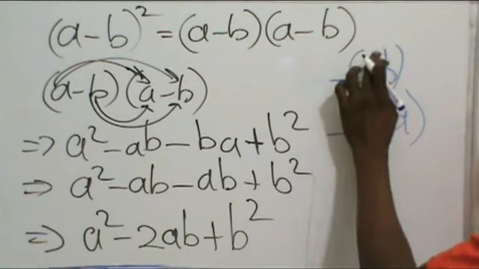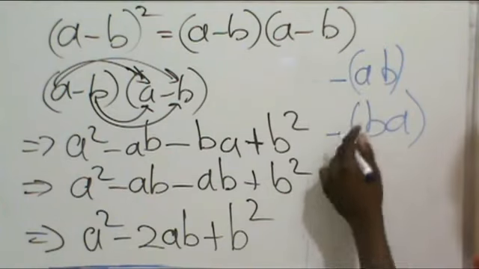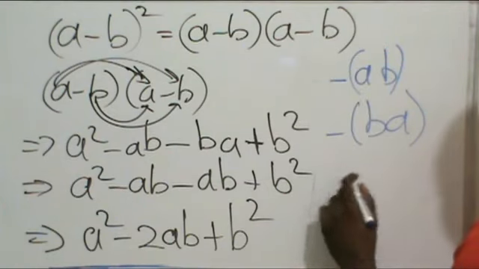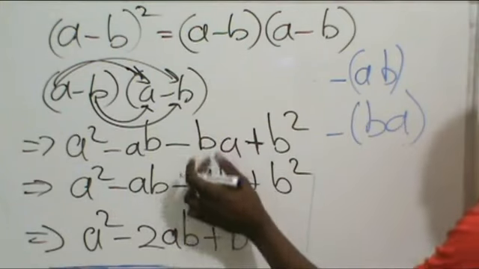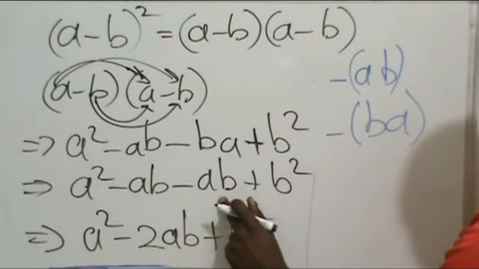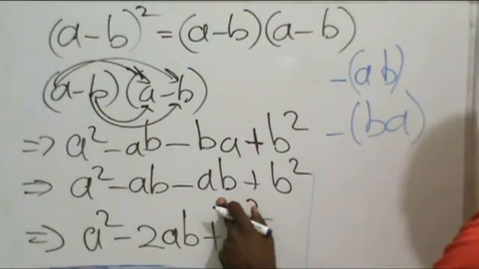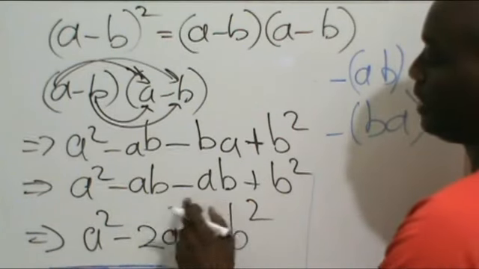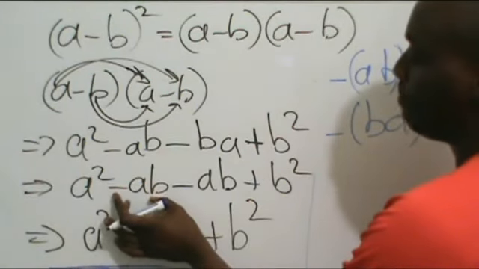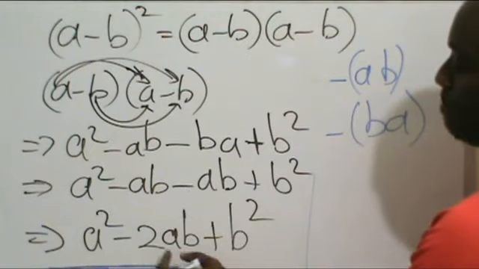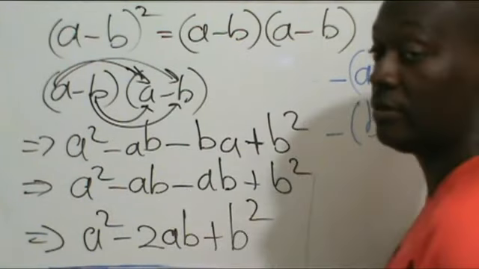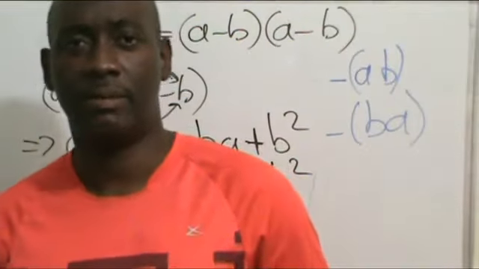And if we establish that ab is the same as ba, then we can write minus ba as minus ab, which is what we did to move from here to here. So writing this over as minus ab will allow us now to say that we have minus 2ab. Remember your number sign, remember your directed numbers.